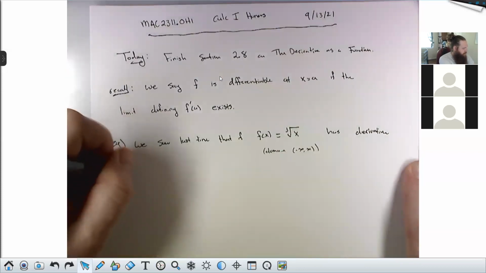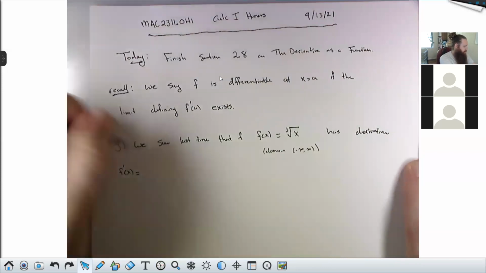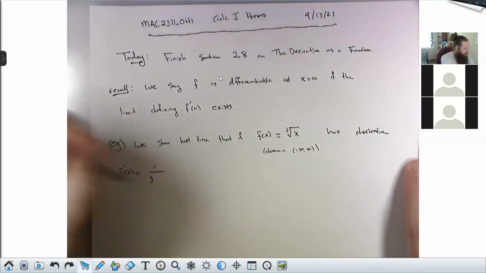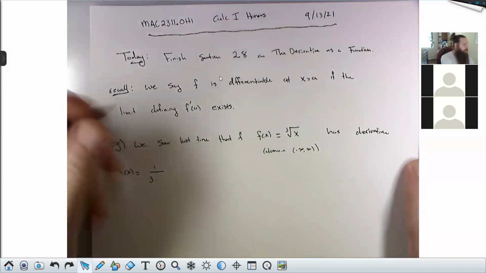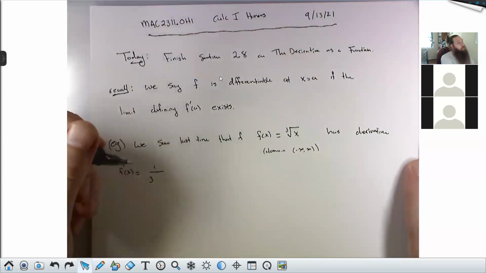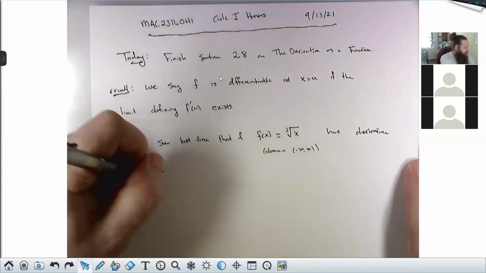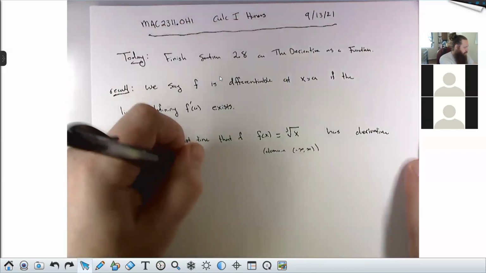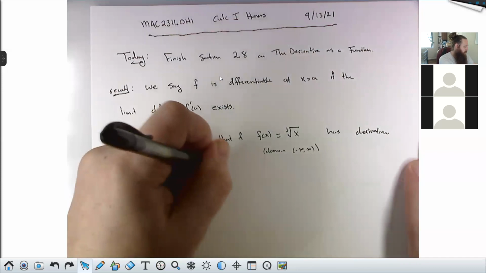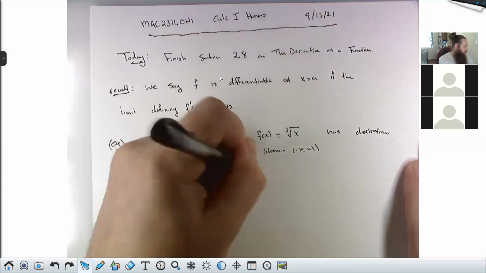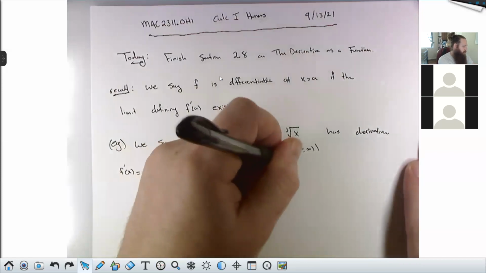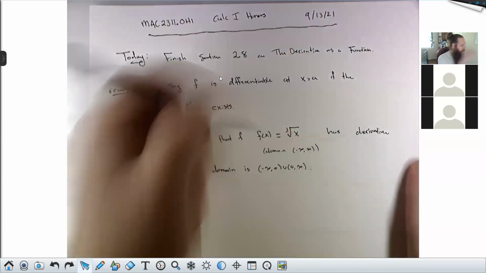f prime of x, which was 1/3 times the cube root of x squared, whose domain is everything but 0, negative infinity to 0, union with 0 to infinity.